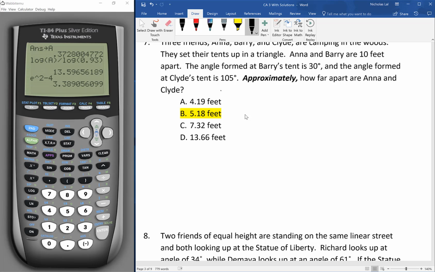Well, we need to create a triangle here with sides A, B, and C. Anna and Barry are 10 feet apart. This is not going to be to scale, by the way. The angle formed at Barry's tent is 30 degrees.